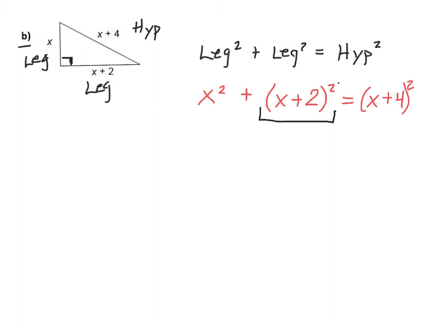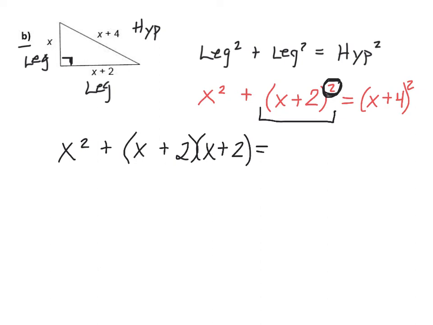Remember what this number is telling you to do. It's telling you to multiply that quantity by itself. So I'm going to write out my equation a little longer. So it's going to be x squared. And then I'm going to have x plus 2 times x plus 2. On the other side, I'm going to have x plus 4 times x plus 4.